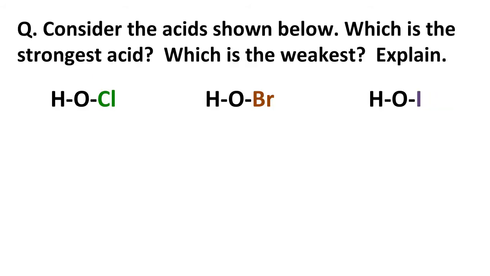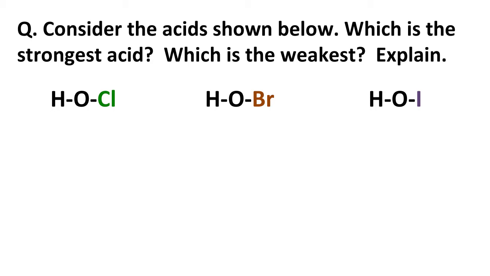Now we can use this kind of reasoning, what we just did previously, looking at the structure of the hexaaqua iron(III) ion, and using that to explain why it behaves as an acid in aqueous solution. We can apply similar reasoning to look at structures of molecules and use that to determine or compare acids in terms of how strong or how weak they are.